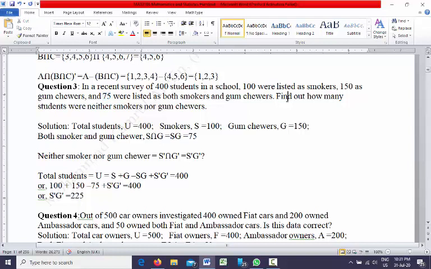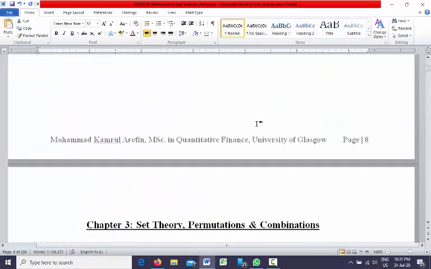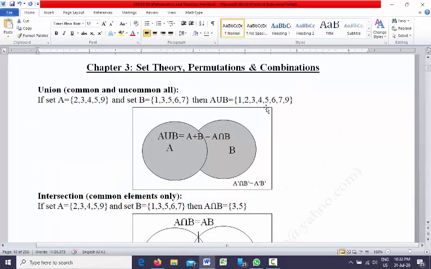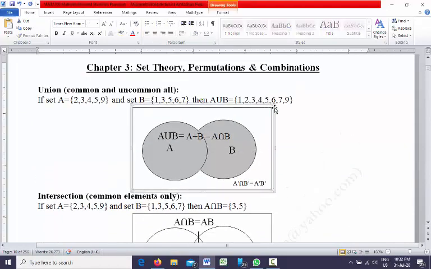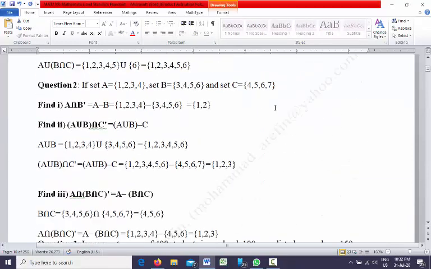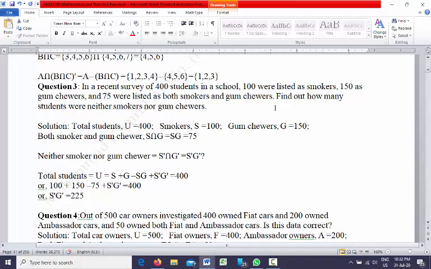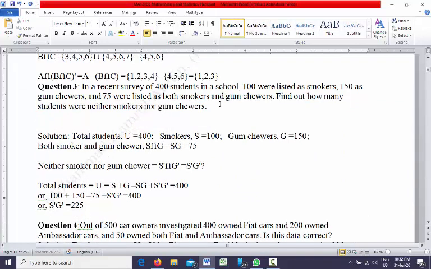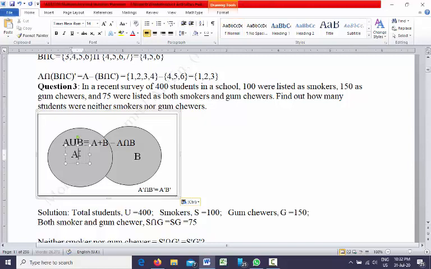The question is asking, find out how many students were neither smokers nor gum chewers. That means the white portion. So here, for example, this is smokers, this is gum chewers.